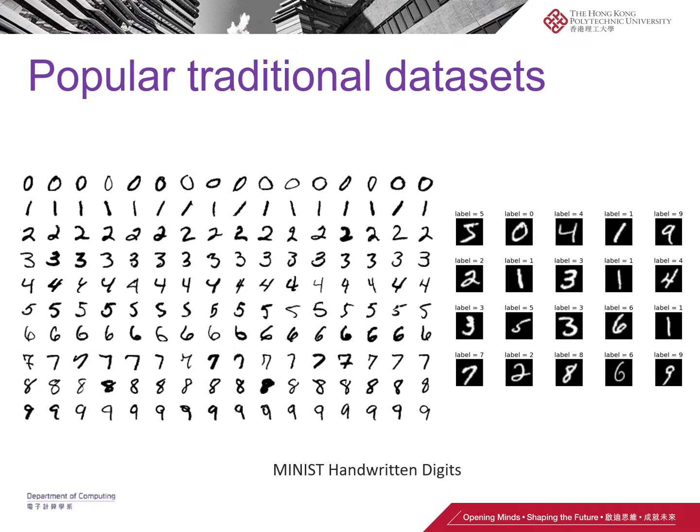And this is a handwritten digits data set called MNIST, which is still popular today. Every image in this data set contains only one digit, located at the center of the image, and the background is either black or white. There is no variance of the background. So it's a perfectly captured data set for investigating handwritten digits.